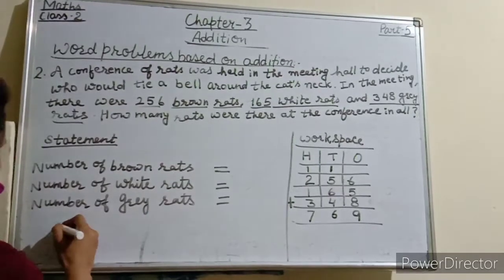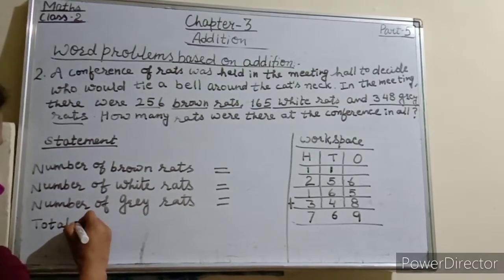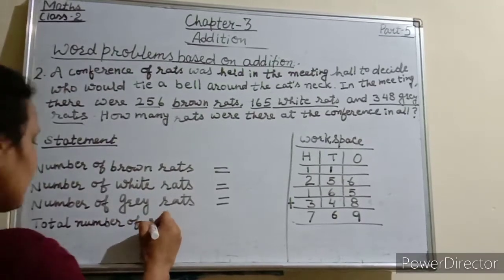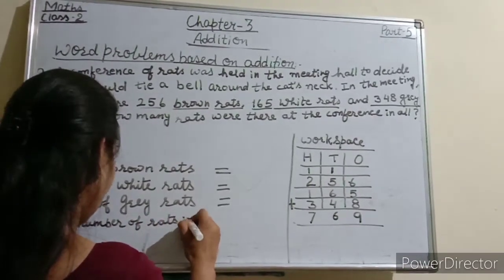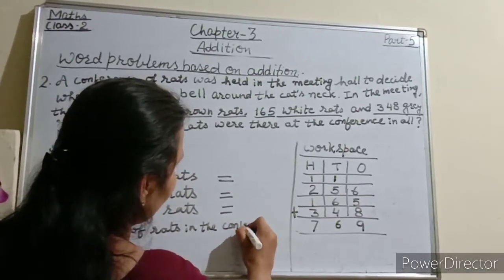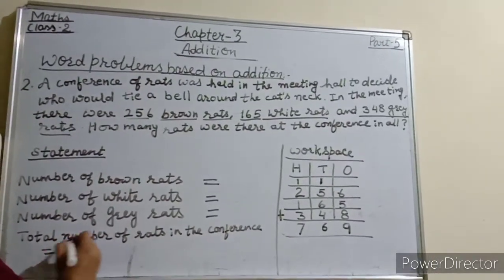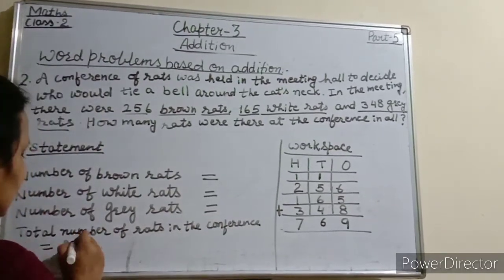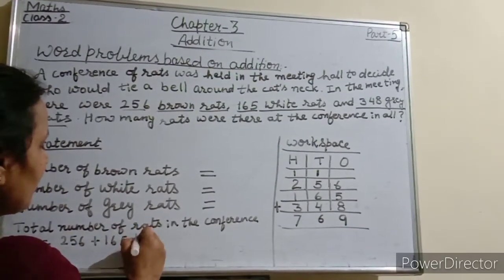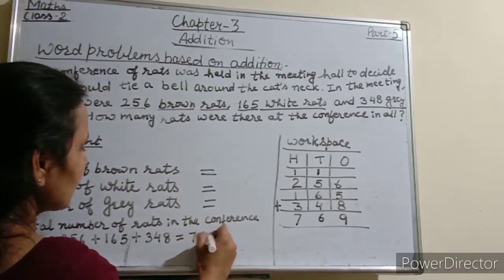Now write total number of rats in the conference is equals to 256 plus 165 plus 348 is equals to 769.